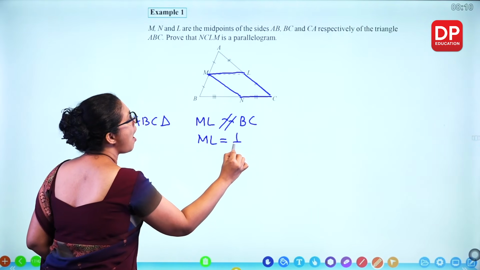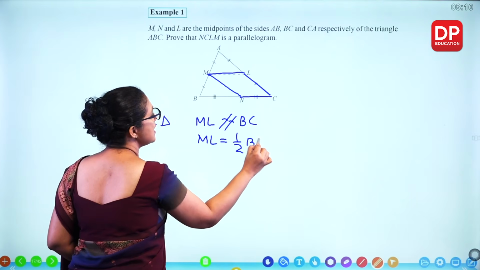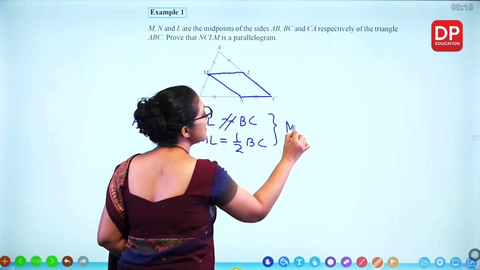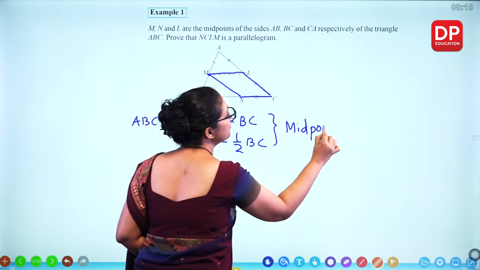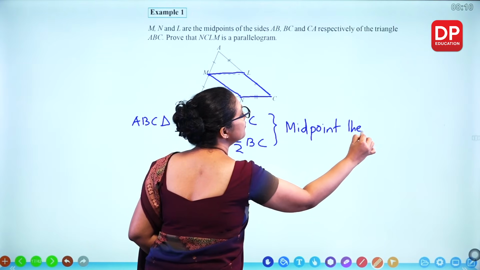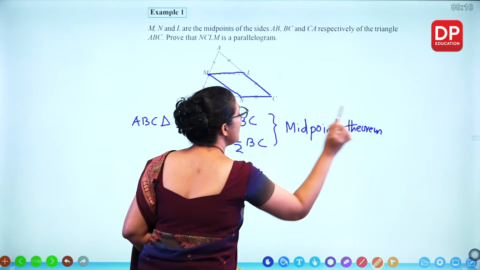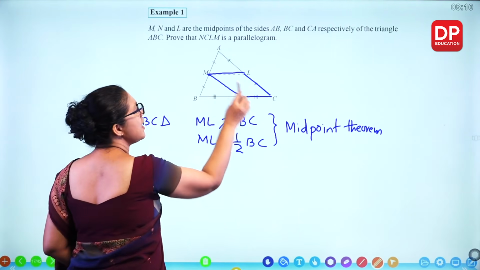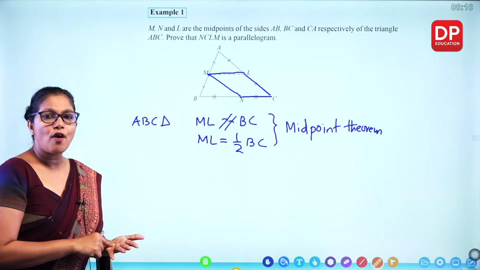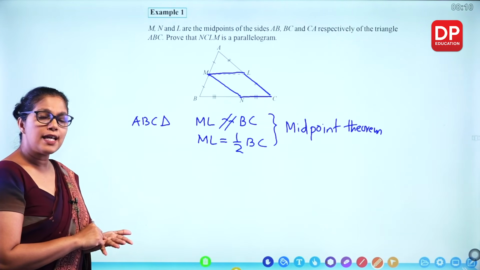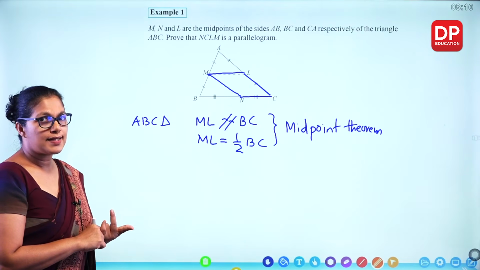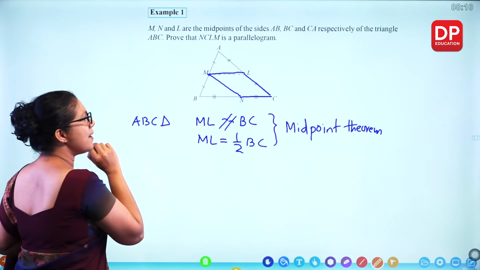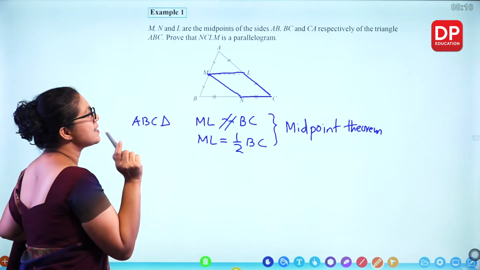That's equal to half of BC, according to the midpoint theorem. Now, we need to show these two are equal. Then we know one pair of sides equal and parallel, that's a parallelogram. So if we can show NC is equal to ML, we can show that's a parallelogram.